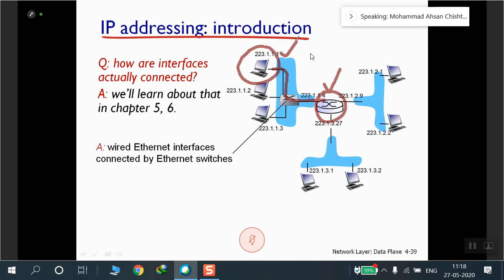And what is an IP address? An IP address is a 32-bit long address. That is number one.